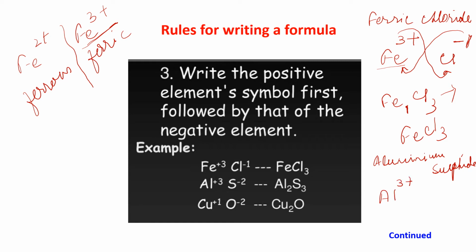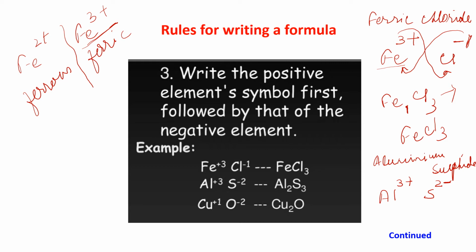That means you can see that the +3 I have written first. Sulfide is having formula S, from sulfur. The valency is 2-, so the negative charge is at the right hand side. First, left hand side is the aluminium 3+ and right hand side sulfide.